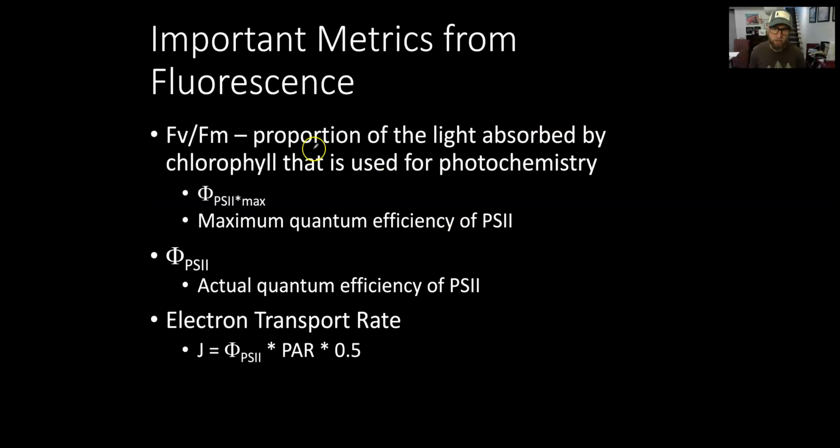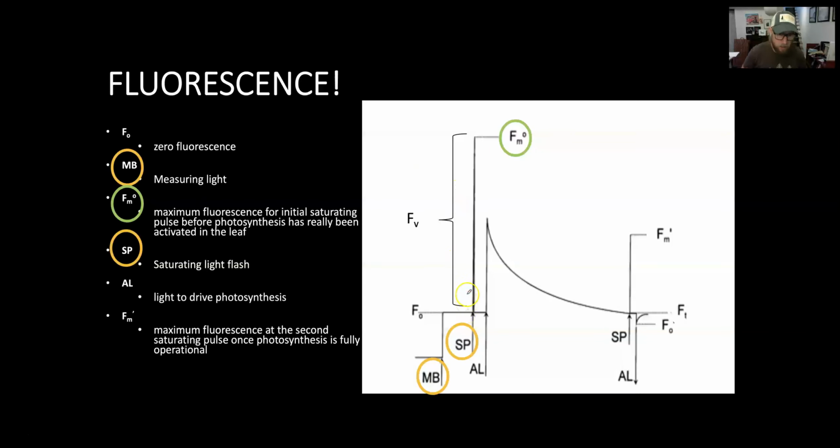So that tells us the proportion of the light absorbed by chlorophyll that is used for photochemistry. All right. So the larger that number is, the more of the energy is going to photochemistry. And the reason why is if FV is really short, that means most of the photosystems are open and absorbing that light. If FV is really big, it means those reaction centers were closed and they're fluorescing light back off.